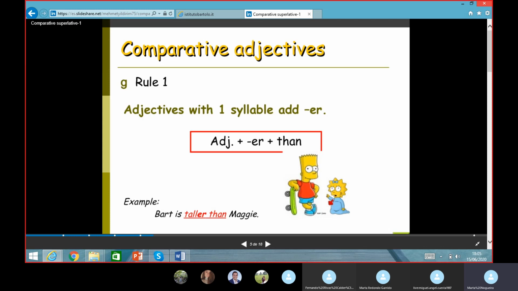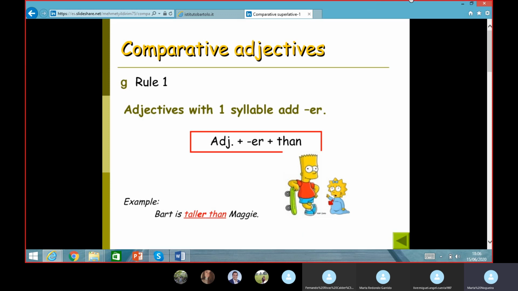The first rule is that we are going to add ER to the base of the adjective. For example, from tall, we have taller. And then we want than, which would be translated into que in Spanish. Bart is taller than Maggie.